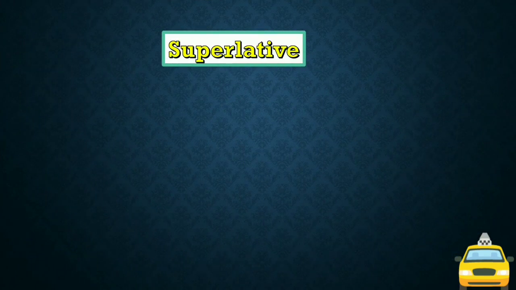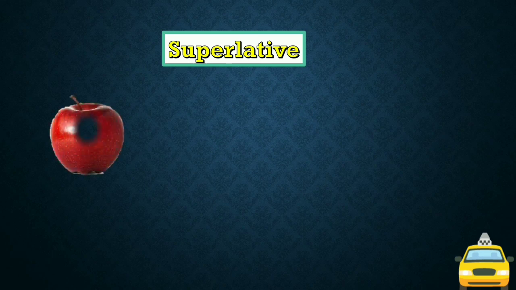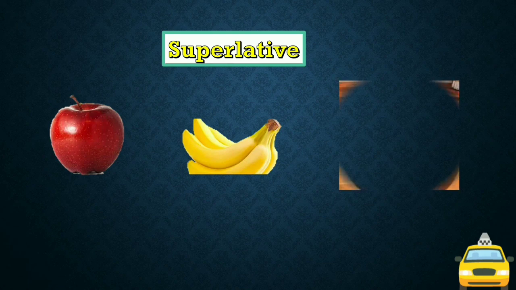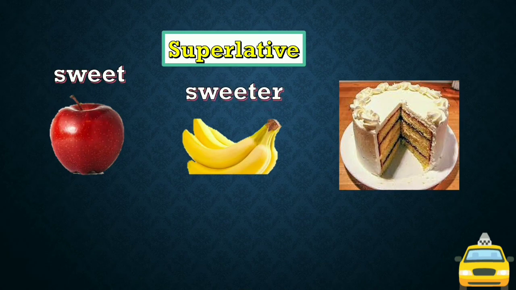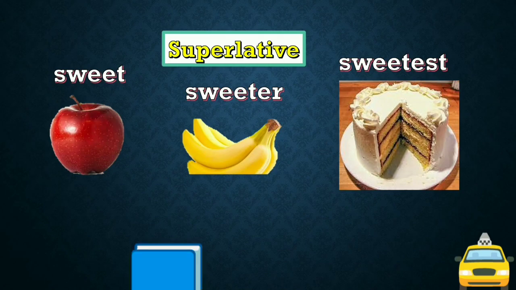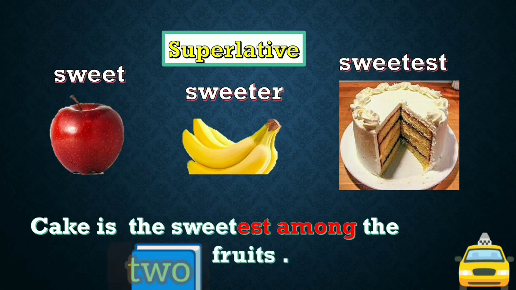Next, the superlative degree of adjective. The picture is an apple and then a banana. The next one is a cake. What can you say about them? Apple is sweet, banana is sweeter, and cake is sweetest. Let's compare using the superlative degree. Cake is the sweetest among the fruits.